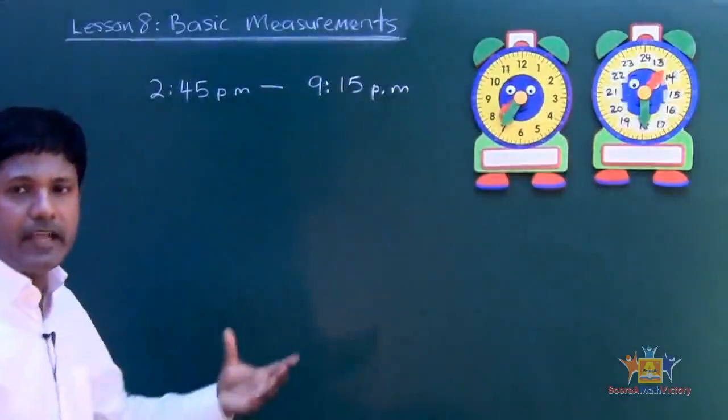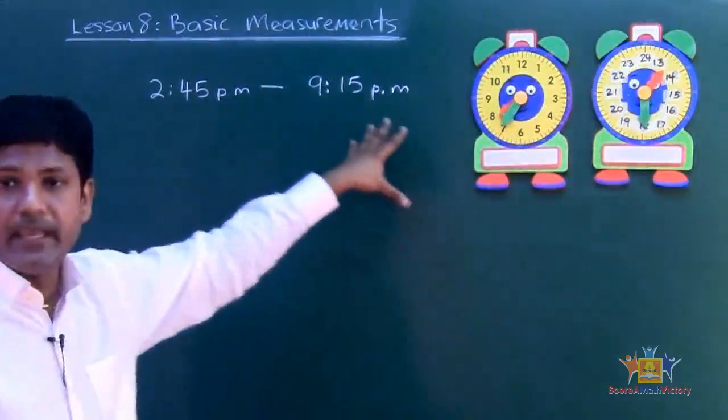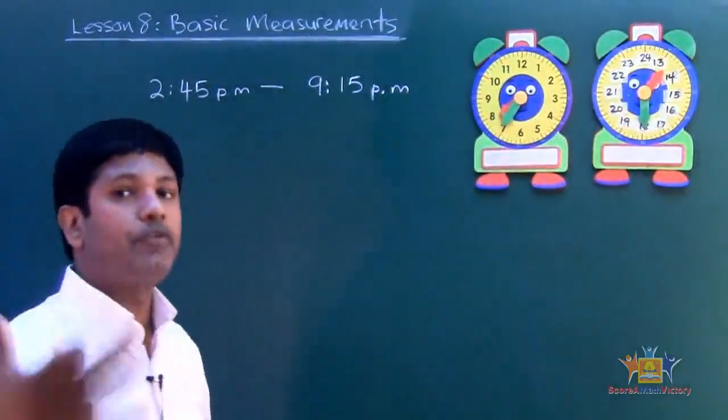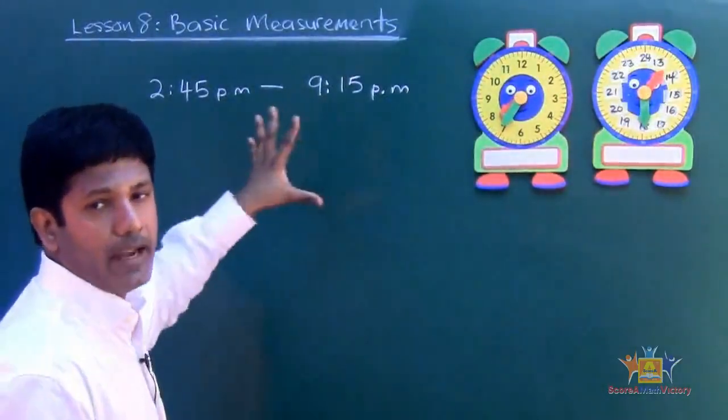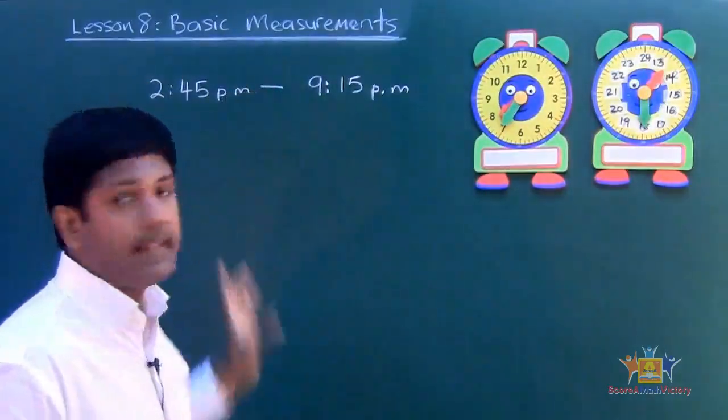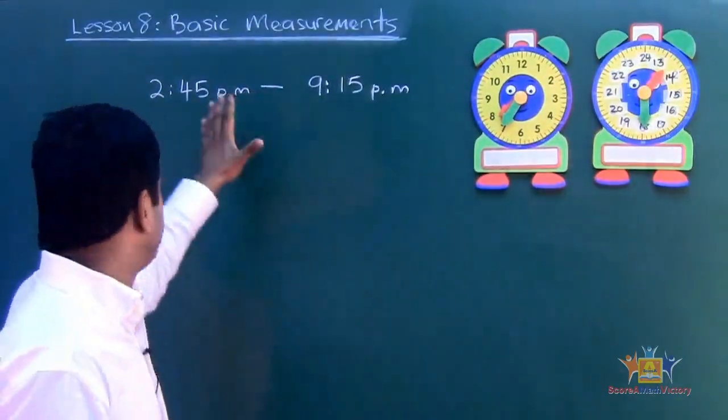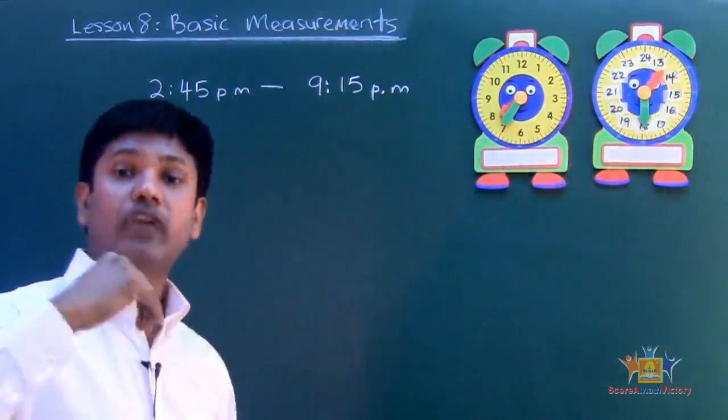First thing I have to do is make sure both are PM in order to use the subtraction method, without doing any conversion, just directly taking the numbers and subtracting. Yes, they are both PM, so I can subtract them.